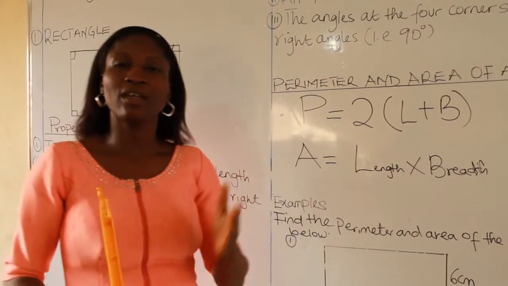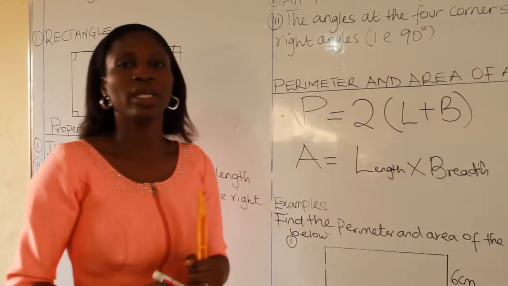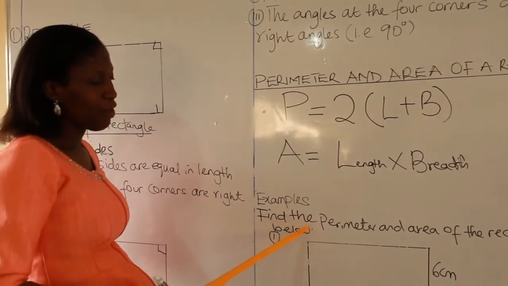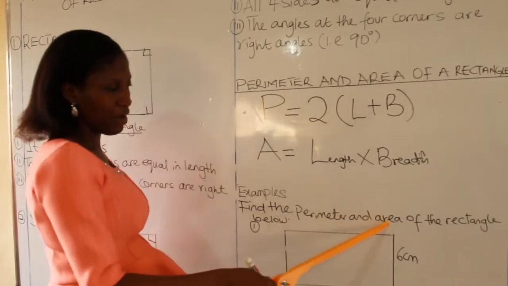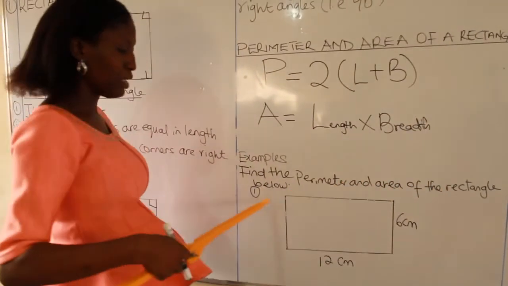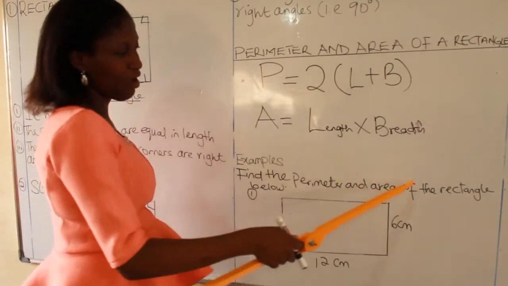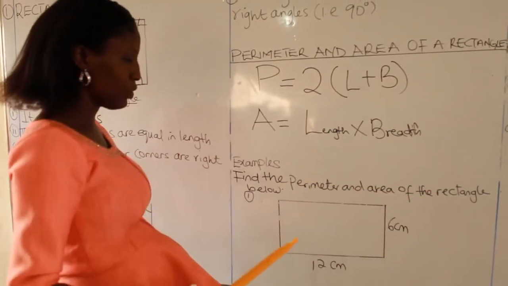Now we will be looking at a few examples. Example 1. Find the perimeter and area of the rectangle below.